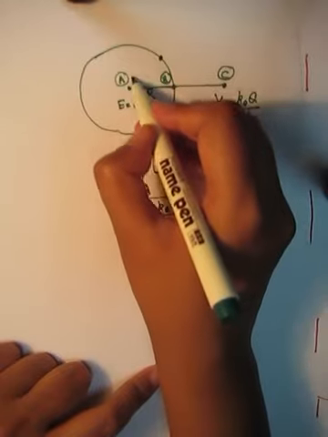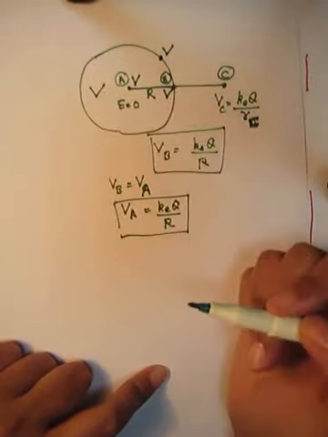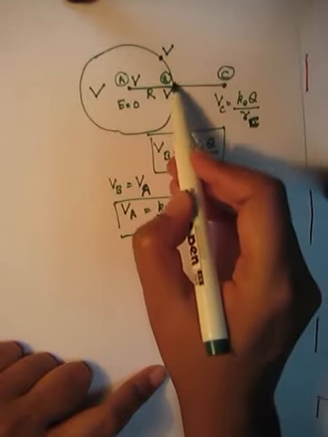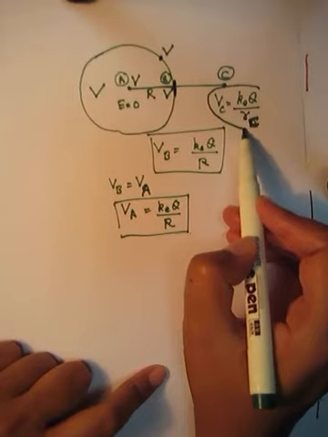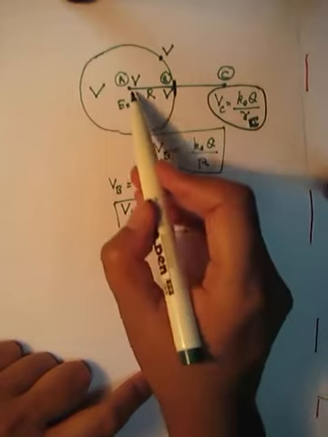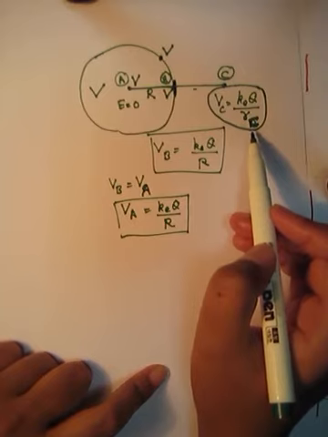So if it is some potential V here, it will be V here, and V here, and V here. Everywhere it will be constant until you reach the surface, and after that it will change with the distance. As the distance increases, the potential will decrease.